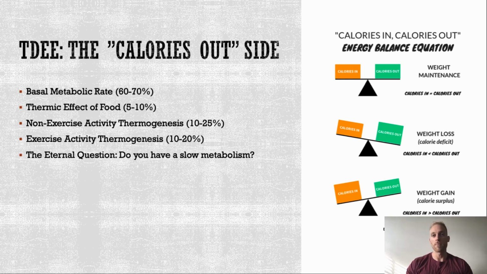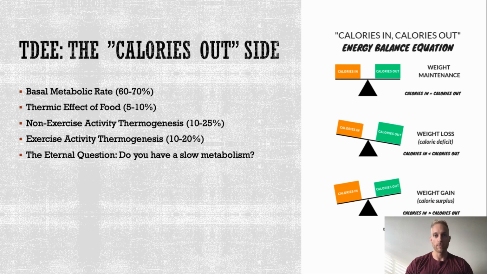If I know that number, then I can control the amount of calories in, and I can dictate whether my weight stays the same, like in the weight maintenance example there, where the scale is balanced, whether I'm losing weight, I'm in what's called a caloric deficit, and you can see the scale there is balanced in favor of calories out, or the weight gain, the calorie surplus, where the scale is favoring or weighted down by the calories inside of things. So the calories outside of things is broken down into 4 distinct numbers.